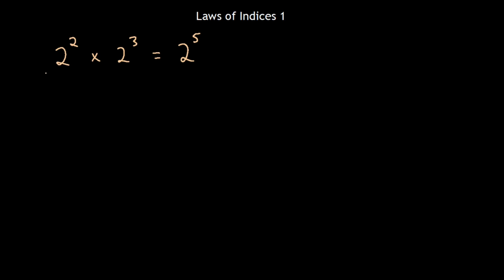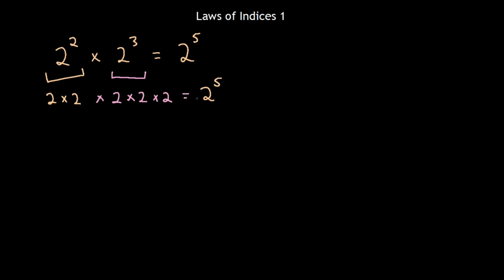Well, if you have a look here, we have 2 times 2, and then I am multiplying by 2 cubed, so I'm going 2 times 2 times 2. So we have 1, 2, 3, 4, 5. I have 2 to the power of 5 again, 2 multiplied by itself 5 times.